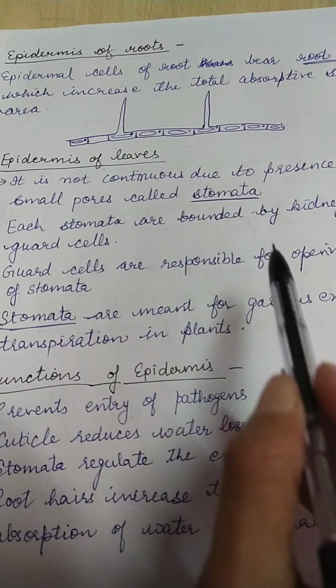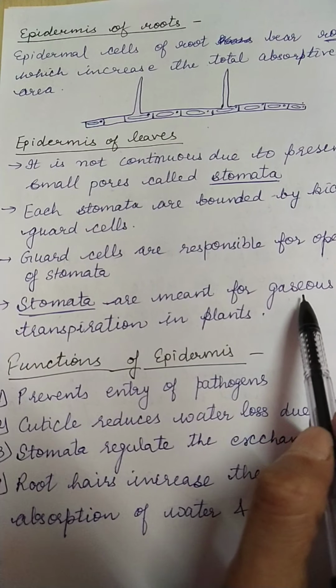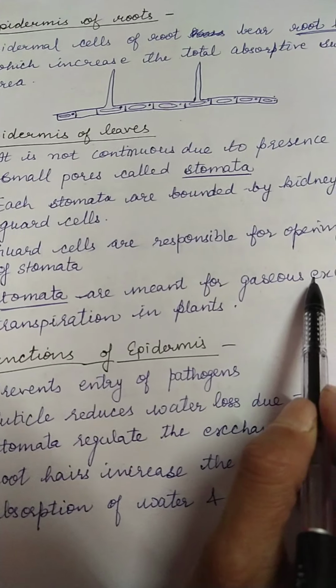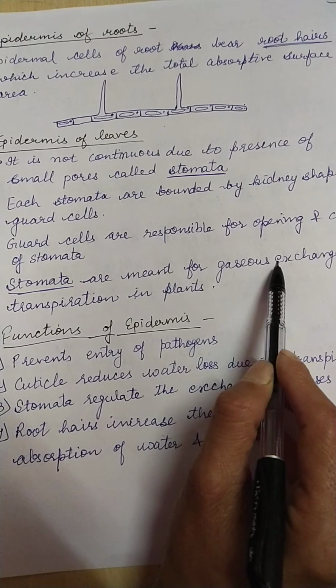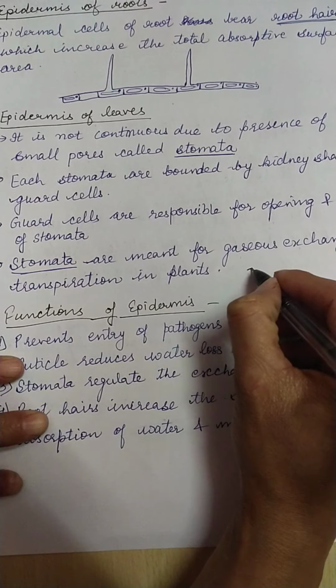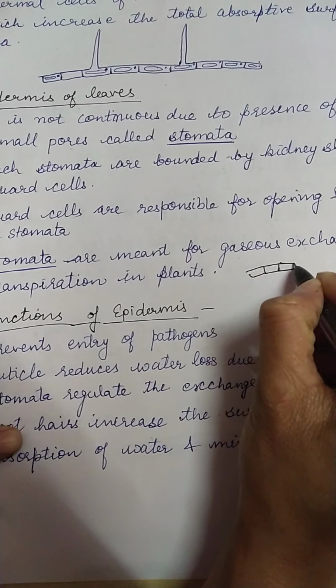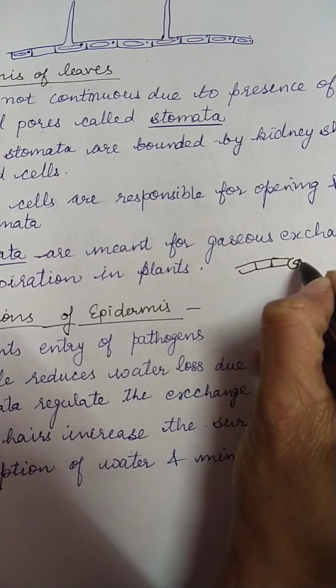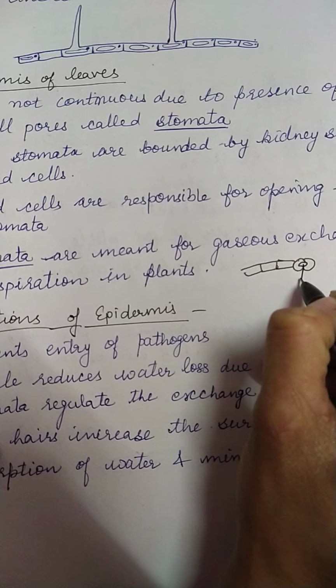These stomata are meant for gaseous exchange and transpiration in plants. Gaseous exchange means carbon dioxide enters in and oxygen moves out through these stomata only. So the epidermis of the leaves bears fine pores surrounded by the guard cells.